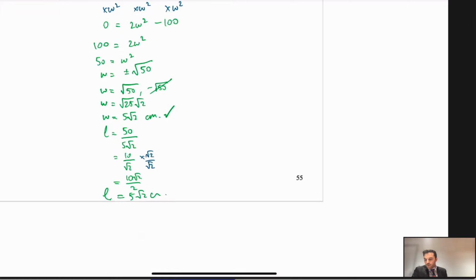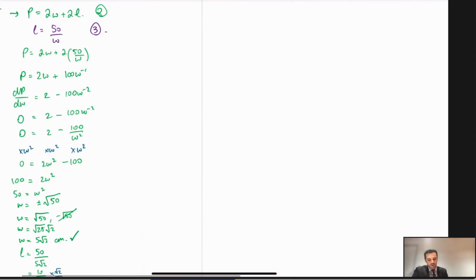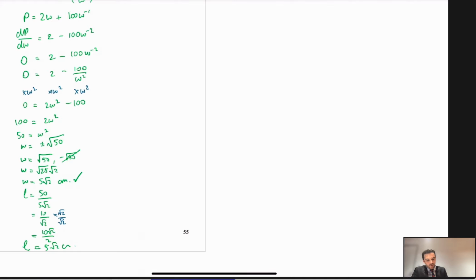So overall, it seems like we found our answer there. It says find the dimensions of the rectangle. One thing that's probably safe is just to make a statement at the very end, summing up everything you've found. So I'd recommend going, therefore the rectangle is 5 root 2 by 5 root 2 centimeters.